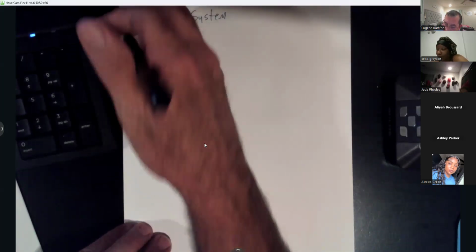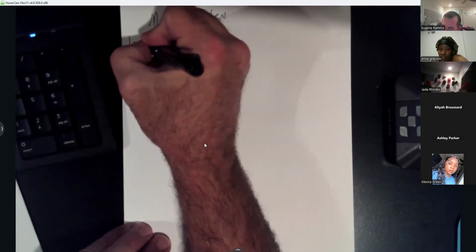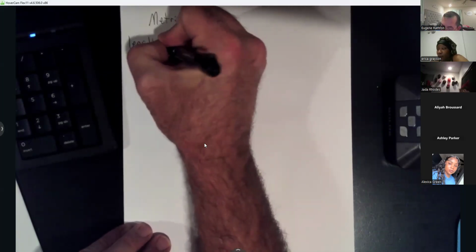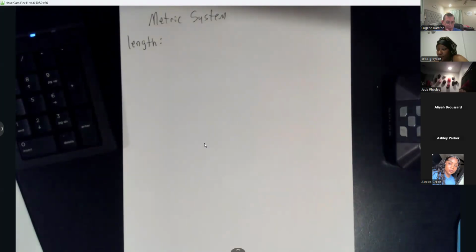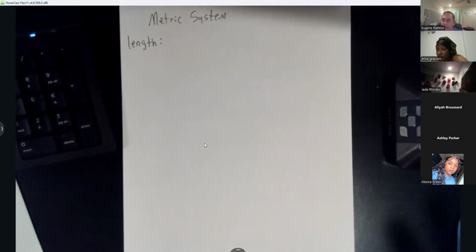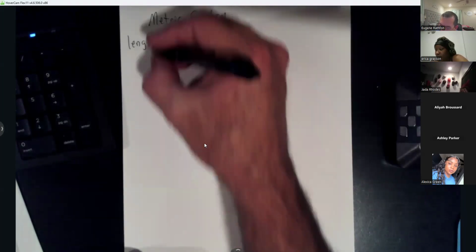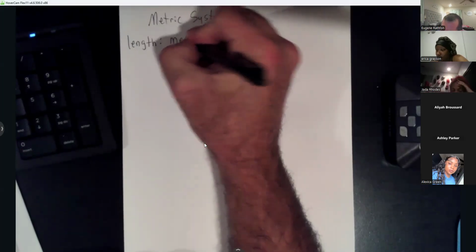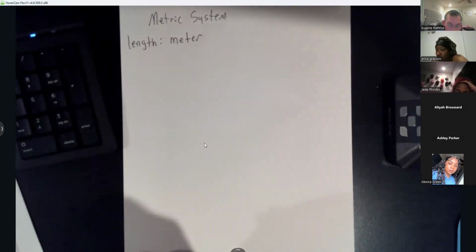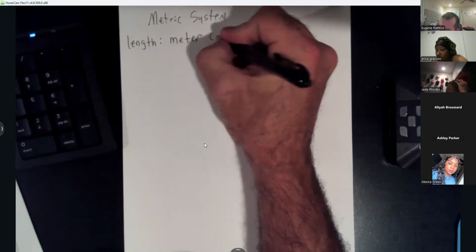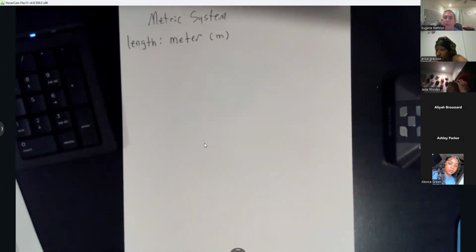All right, y'all, so in the metric system, what is our unit for length? And y'all, that is the meter represented by a m.